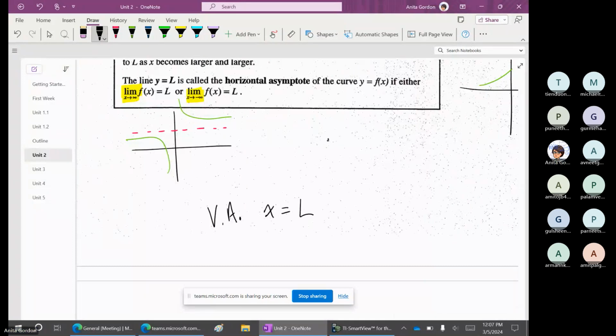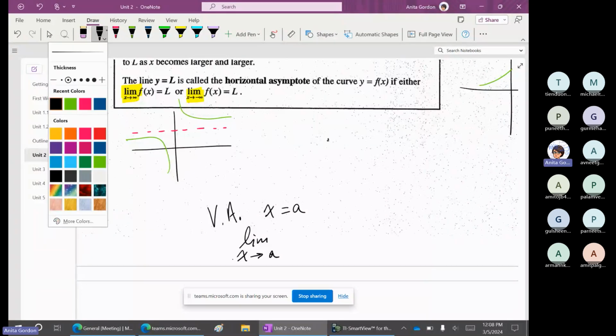So as the limit of x approaches a, my bad, sorry about that.